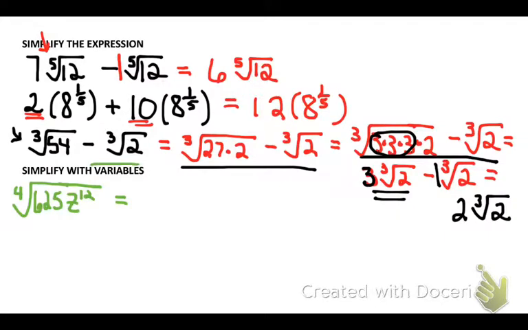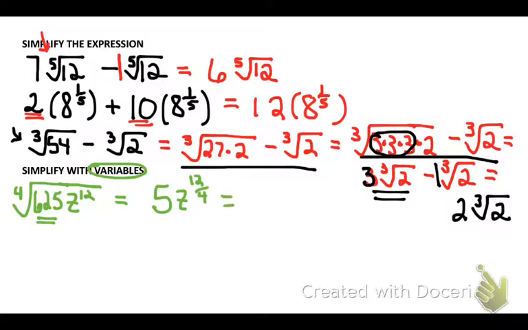Next, we're going to simplify with variables. So for the 625, you might use your calculator. You can also see that it ends in 5, so the likelihood that it's 5 times 5 times 5 times 5. So it does turn out to be a 5. And then for our z, remember we can put the power over the root.